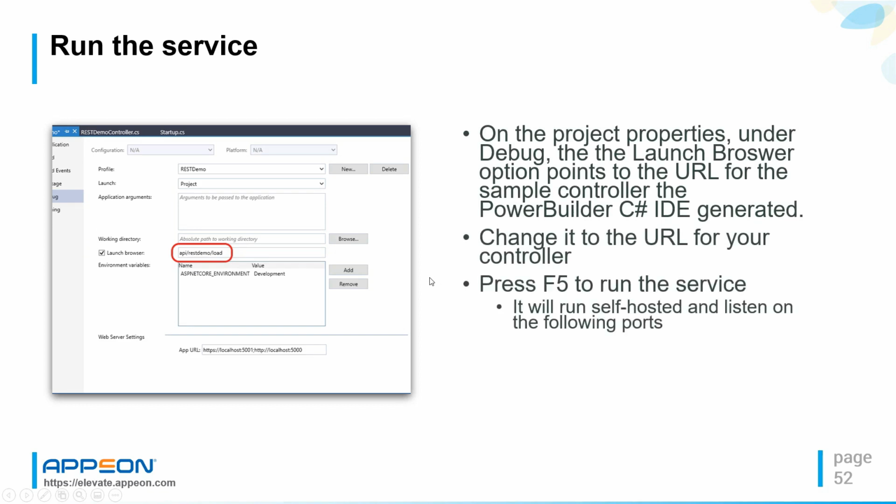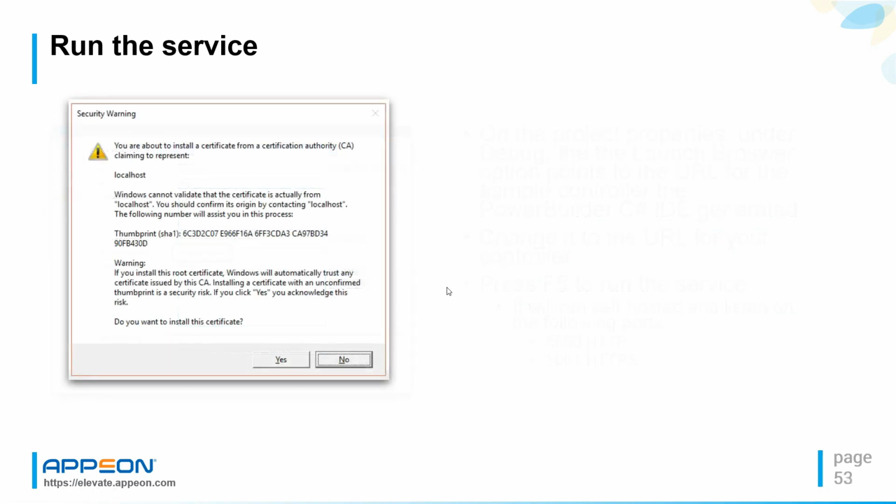Now once I'm done here, I press F5. That's going to compile the application. It's going to run a self-hosted web server which listens on port 5000 and 5001. Then it's going to run the service, this application, and launch a browser and call that URL. The first time you do that on a machine, you'll get this prompt. The reason is that, remember, I said it was listening on 5001 for HTTPS.